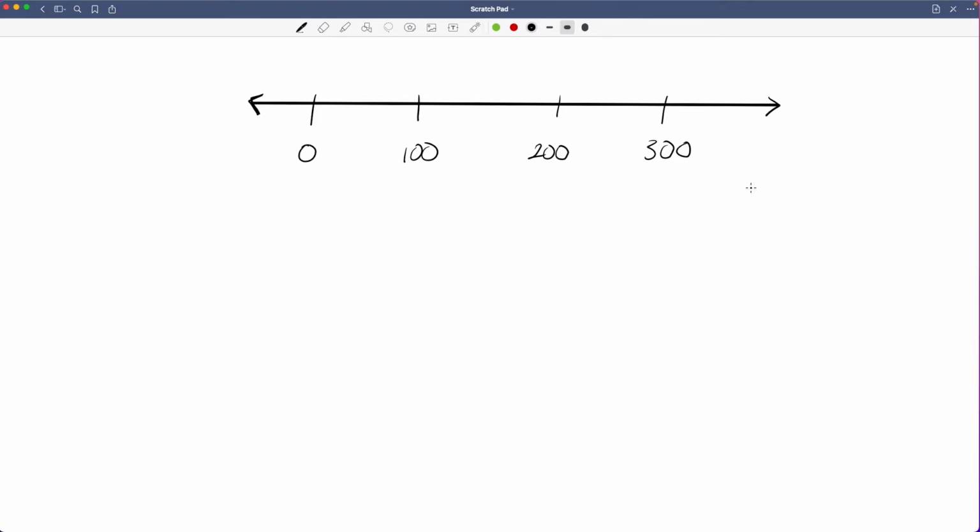So let's say I have a number 209, right? And let's say that I want to tell somebody in a very general way about how many bags of flour I have, right?